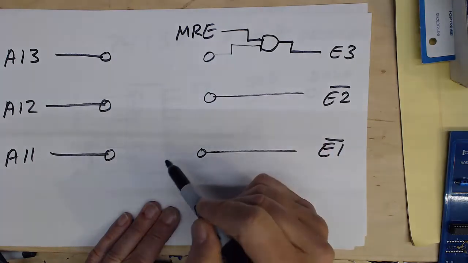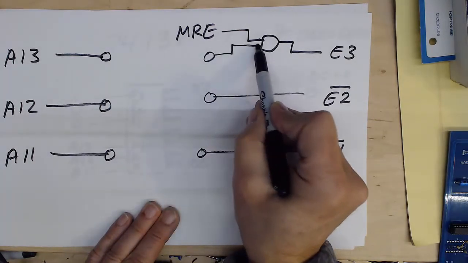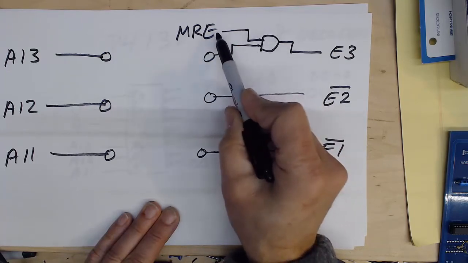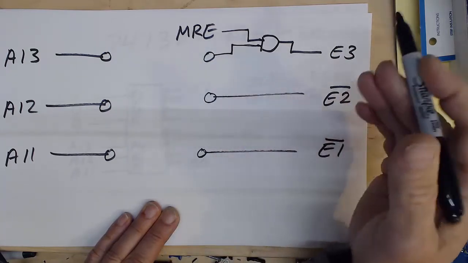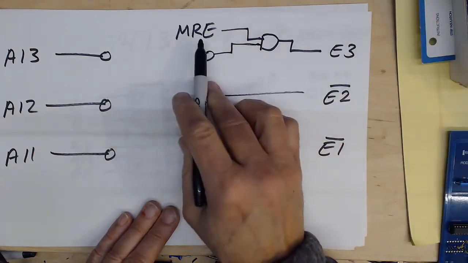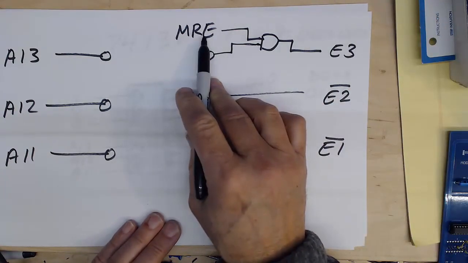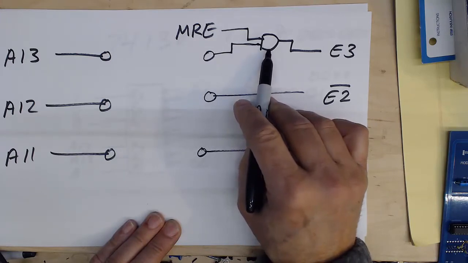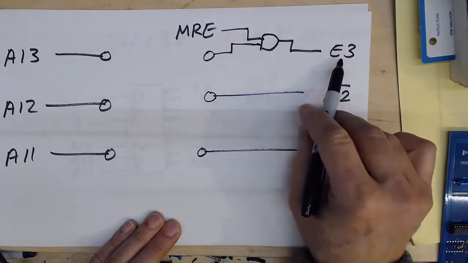So however we have decoded this board, we then have to use the memory read enable as a final override that enables this board only when the MRE pulse is high. So we're going to AND this with the MRE in order to get E3.